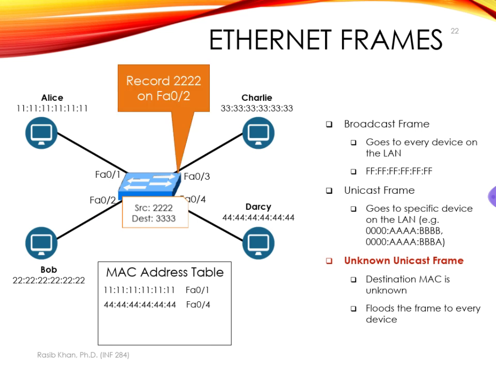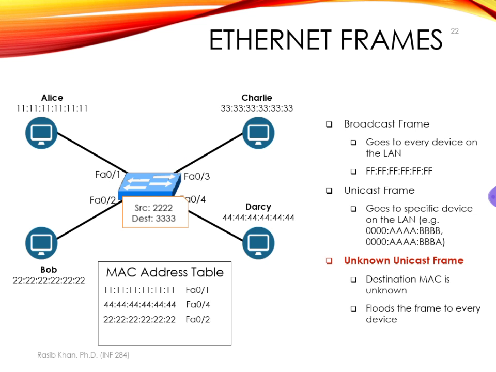First, the switch checks and sees that it does not yet have a record of Bob's MAC address, so it enters Bob's MAC address and the incoming interface, interface number 2, into the MAC address table. However, next it sees that the destination MAC address is not available in the MAC address table. Therefore, it will need to flood on all interfaces except the incoming interface, which is Bob's link. So it sends it out to interfaces 1, 3, and 4.